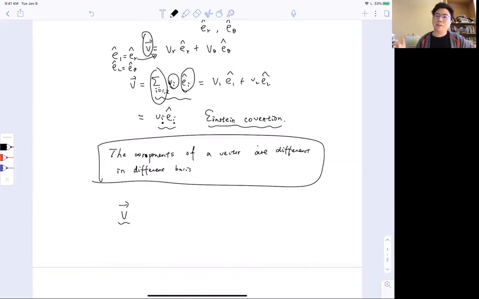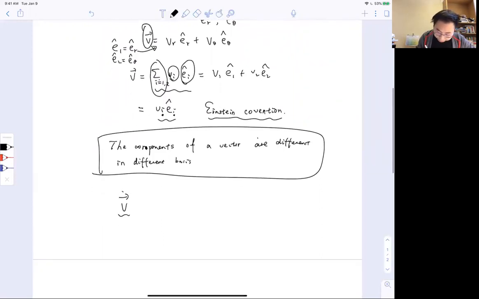We know that physics should be invariant, like different people should describe the same physics, right? Meaning that V is invariant, but the components Vx, Vy, Vr, V theta are different because they have different bases.